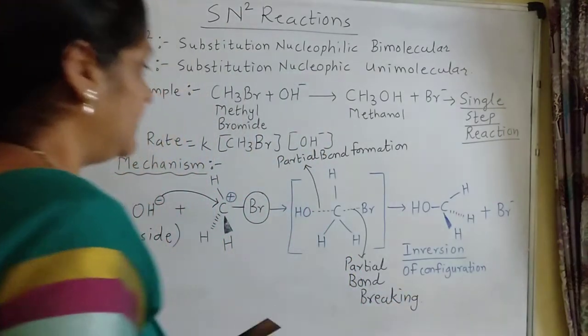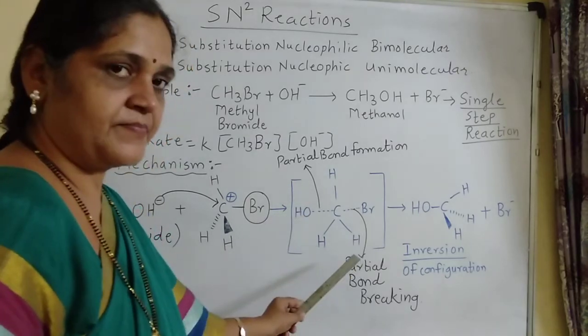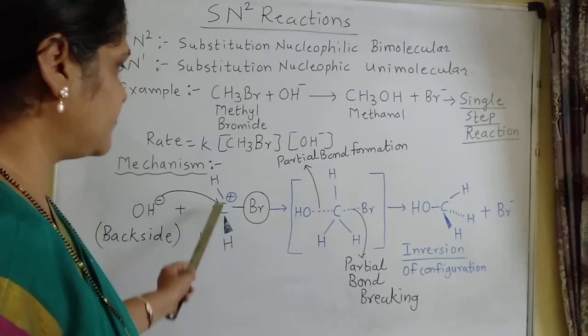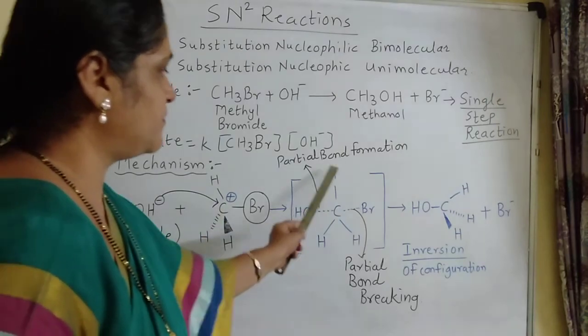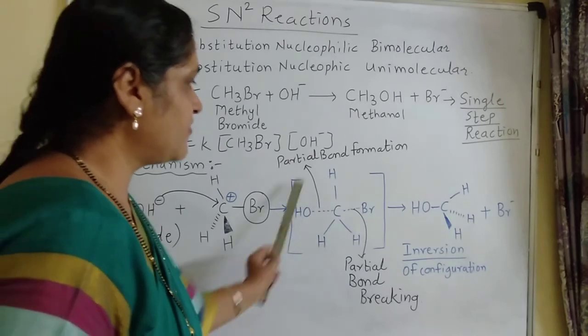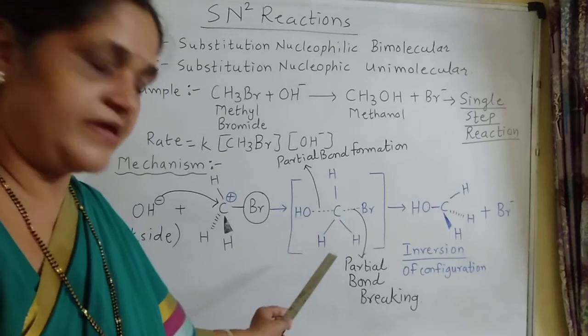And thus here carbon is joined with 5 substituents, right? The 3 hydrogen atoms which were joined to the carbon adopt a planar position, so that all the 5 substituents have maximum distance from each other.